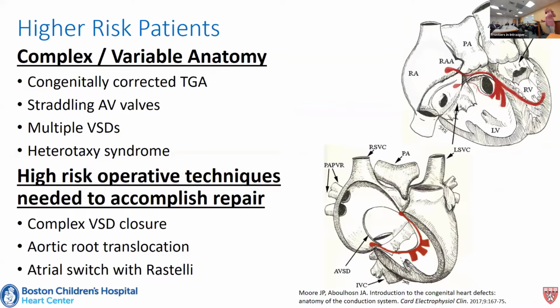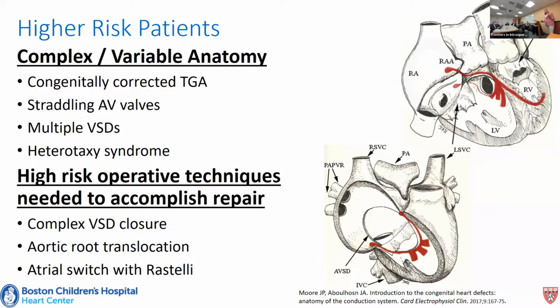And so we've already gone through these cartoons, and I think gone through the anatomy. In addition to the high-risk anatomy and the variability and complexity of these patients from an anatomical standpoint, the operative techniques that are needed in order to effect this sort of repair are some of the highest risk. When you look through STS and other outcomes, they're all the hardest operations, or components of operations, that are associated with heart block.